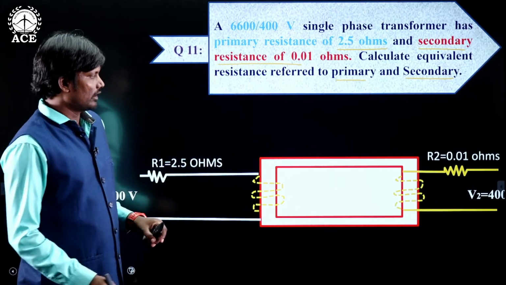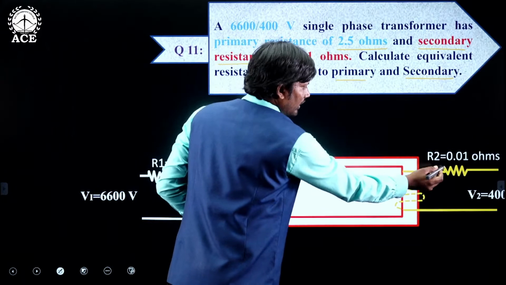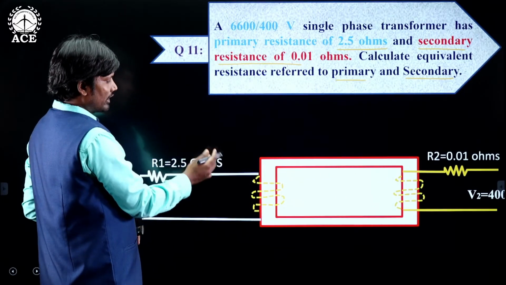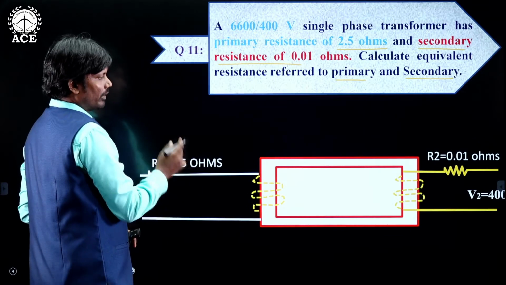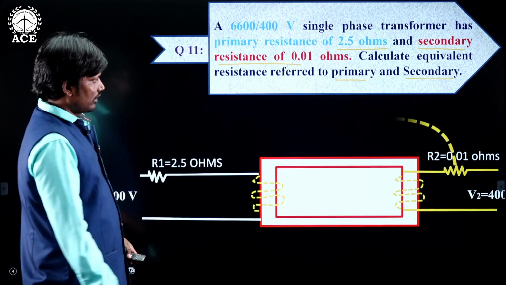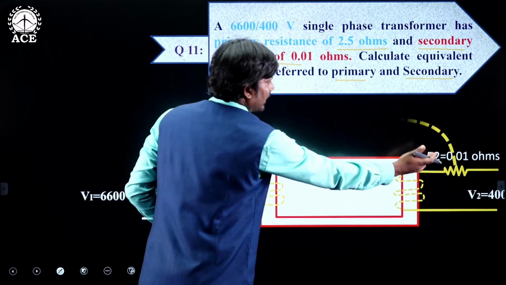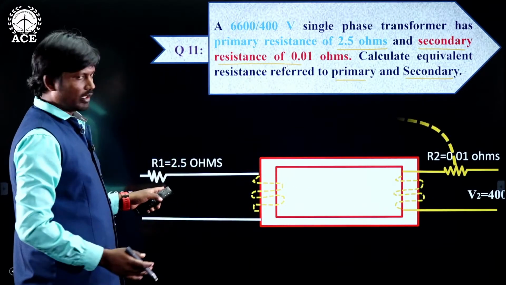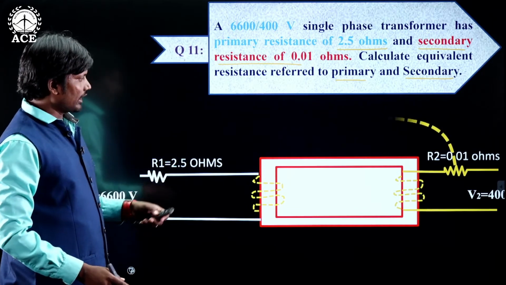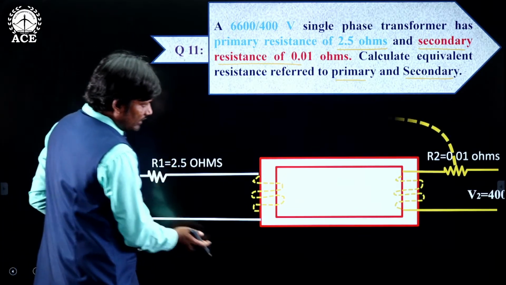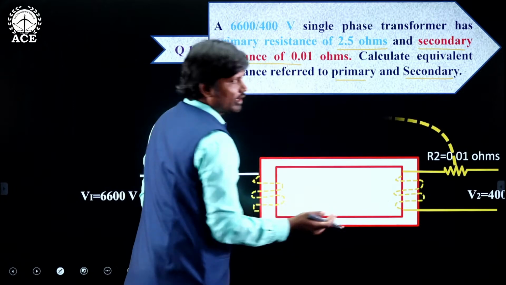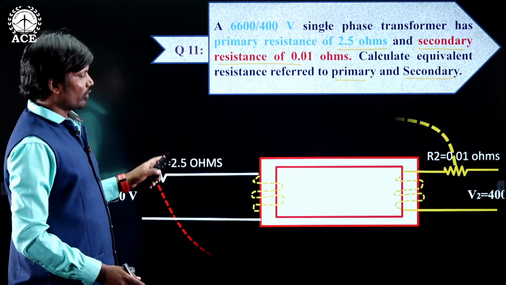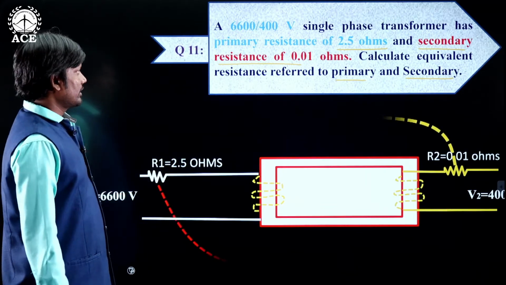The first case, when the secondary is transferred to the primary, what is the total resistance on the primary side? And the second case, when the primary is transferred to the secondary, what is the total resistance? So we are solving this problem by considering the two cases.